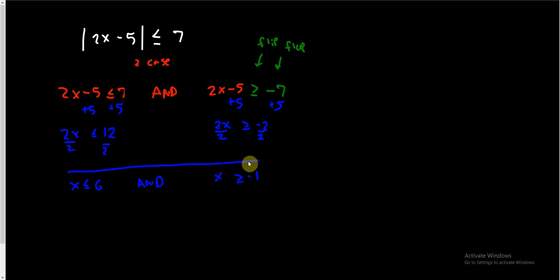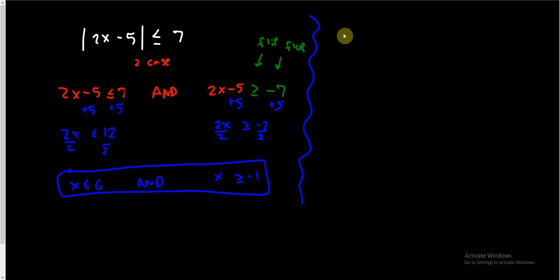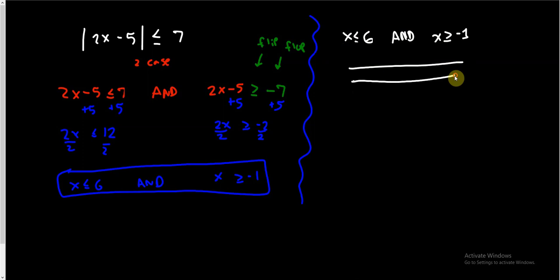Nice. So look at what I have: two inequalities and a word. I'm not 100% sure what to do with that. Oh, wait, we are. That's exactly what we did last lesson. I could take these two inequalities, x is less than or equal to 6, and x is greater than or equal to negative 1, and put them together into one compound inequality and write that in interval notation.